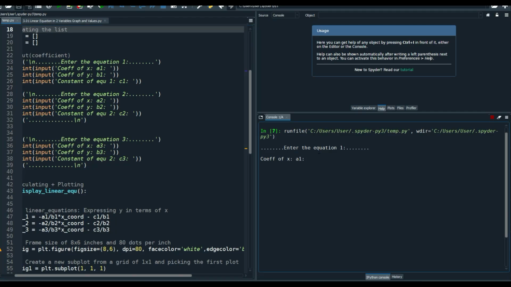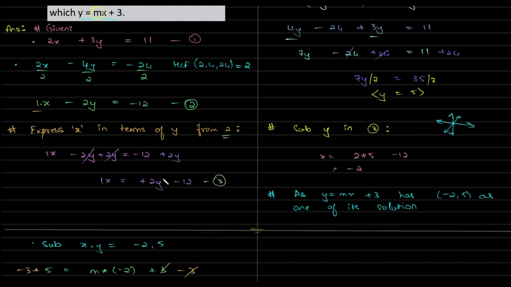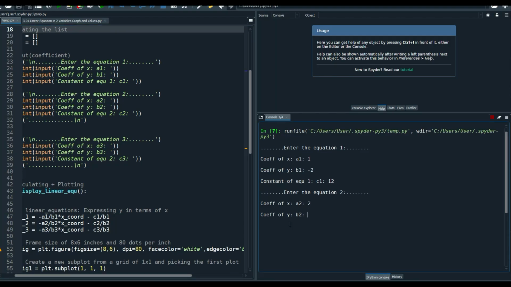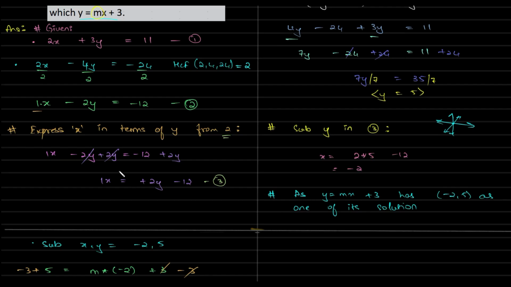That's the standard form. 1, minus 2, and 12. That was equation 2 actually: 2, 3, and minus 11. So we need to type 2, 3, minus 11. Now we have equation 3.